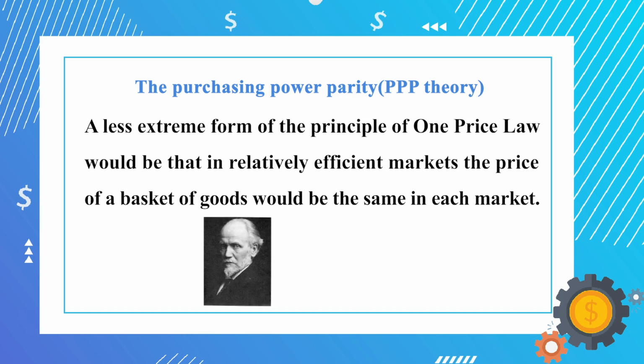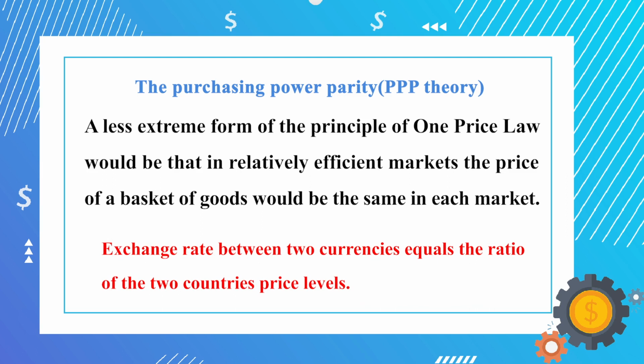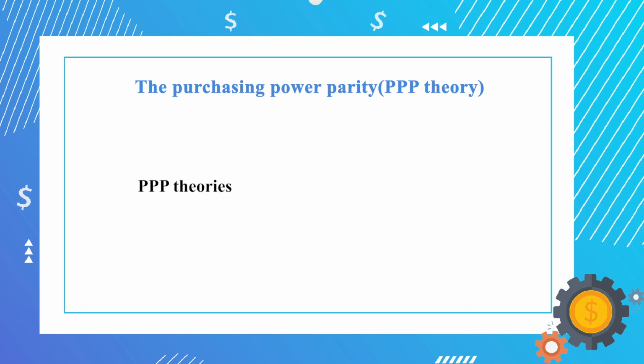The theory was put forward by a Swedish scholar G. Cassel in 1916. PPP theory states that the exchange rate between two currencies equals the ratio of the two countries' price levels. There are two forms of PPP theories: absolute PPP and relative PPP.